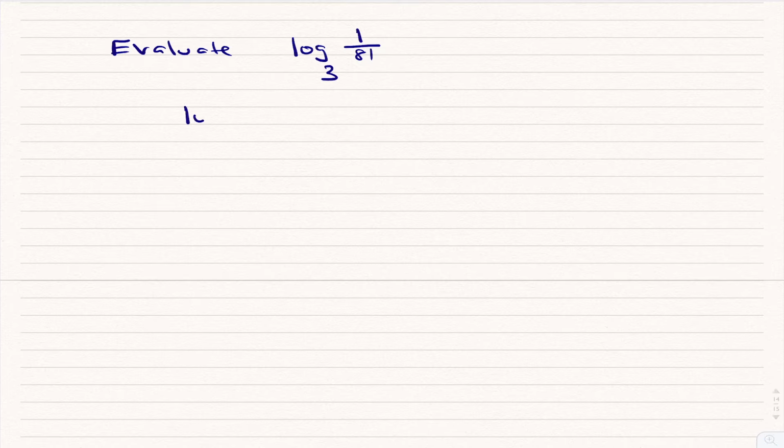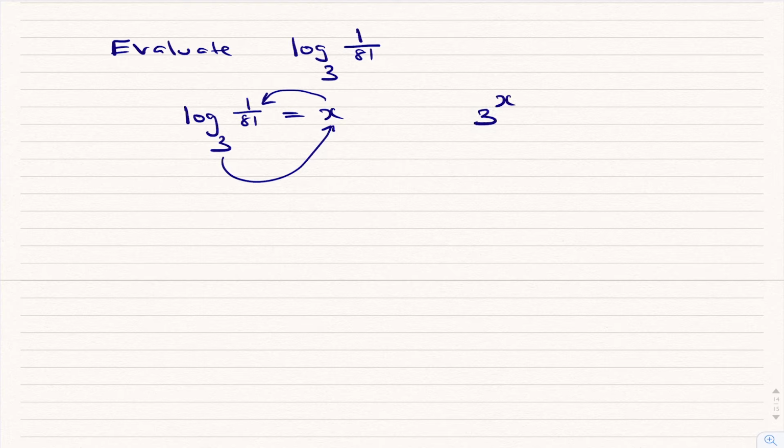So we say log of base 3, level 1 over 81 equals x. Now we raise, and that will be equal to the level. In this case, 3 to the power of x equals 1 over 81.